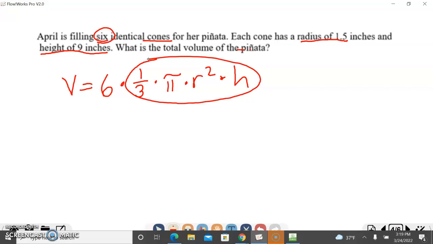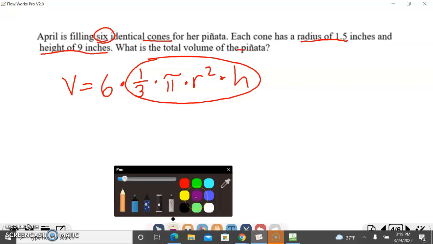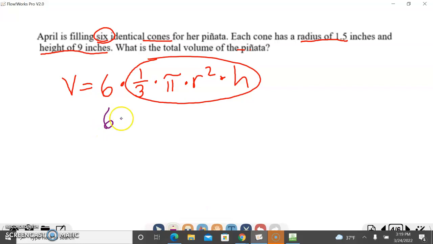So now we're going to substitute in our numbers here. We know we've got 6 times 1/3 times pi. Nothing changes there because those are all part of the number system. But we know our radius is 1.5, so we're going to have 1.5 squared times the height, which is 9.